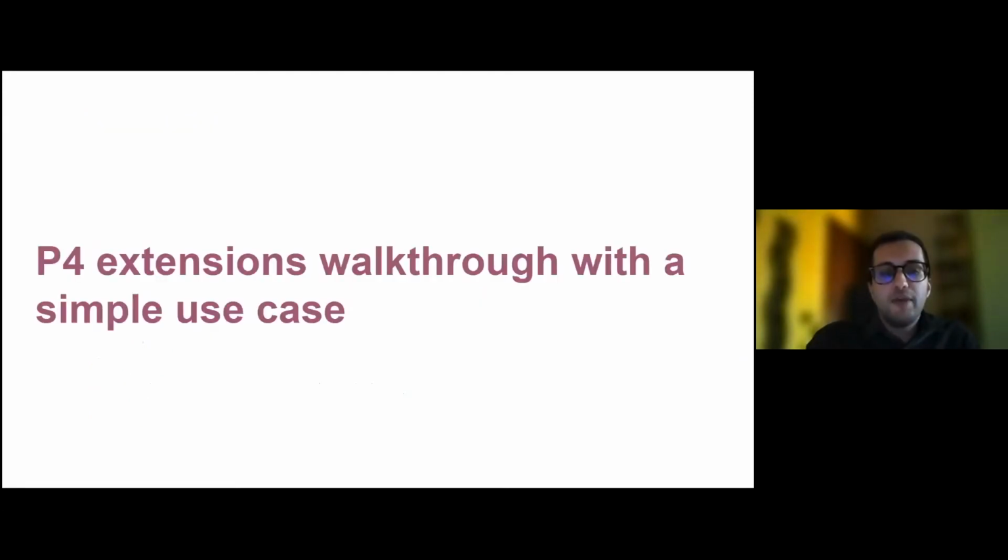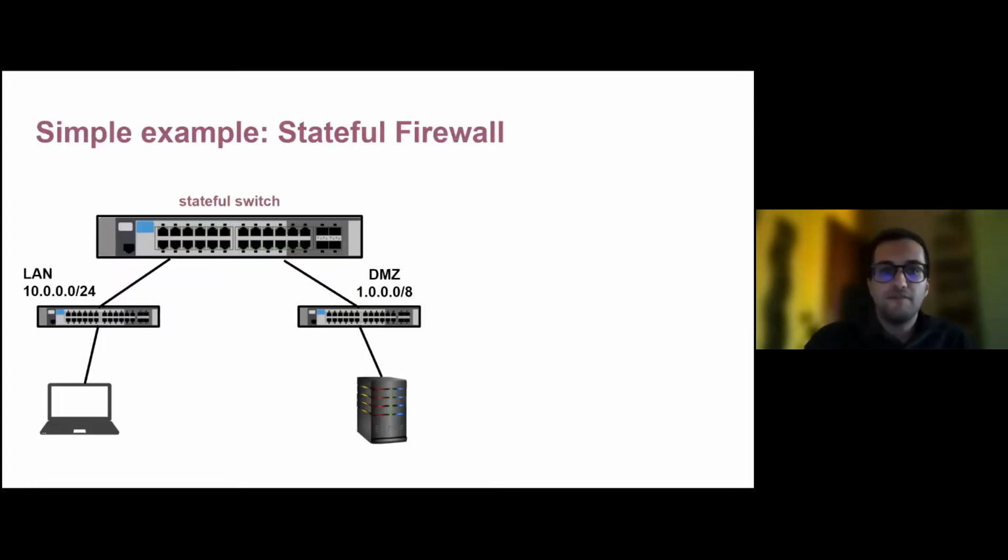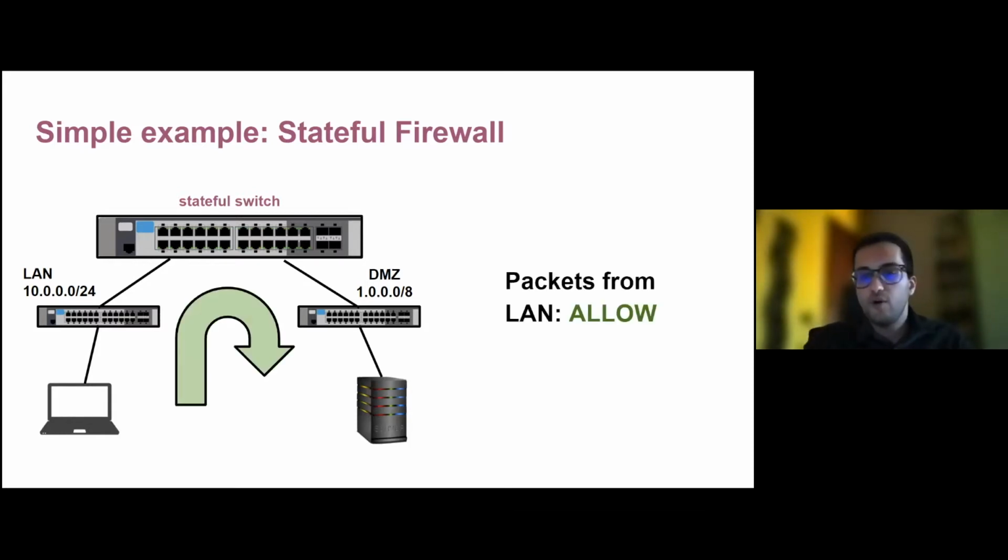Okay, now I will give an idea of the main building blocks of these P4 extensions with a simple use case. So we consider a very simple, basic stateful firewall. So we have a stateful switch that is connecting a LAN network, so a local area network, with a DMZ. So the firewall wants to enforce that all the packets that originate from the LAN must be forwarded to a server in the DMZ.